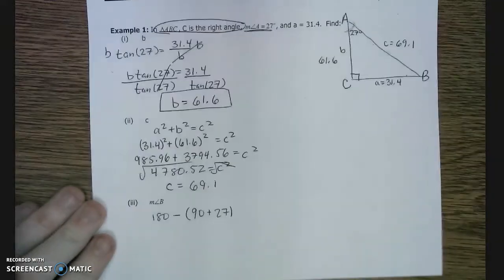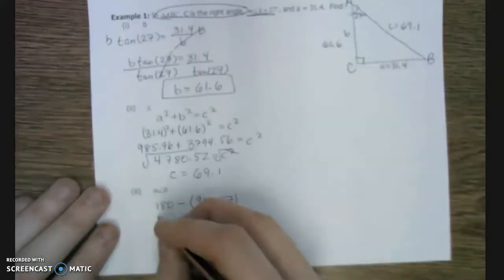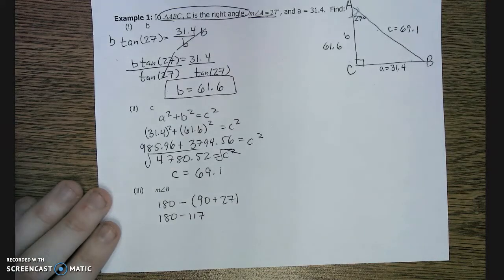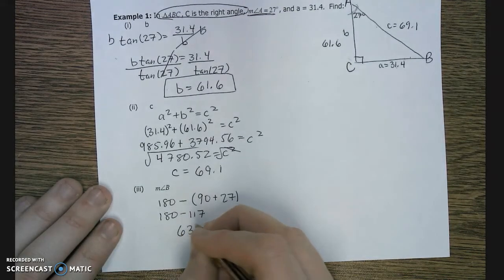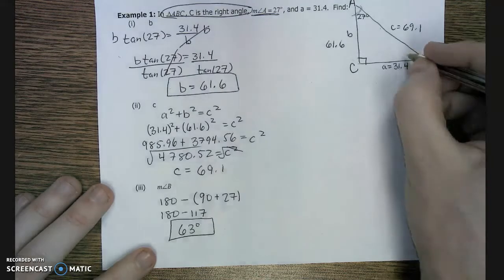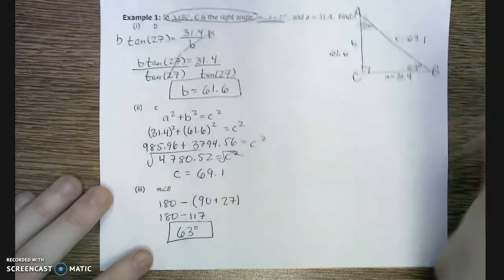So if we add those and subtract them from 180, we get our missing angle. And so we've solved all the parts of the triangle.